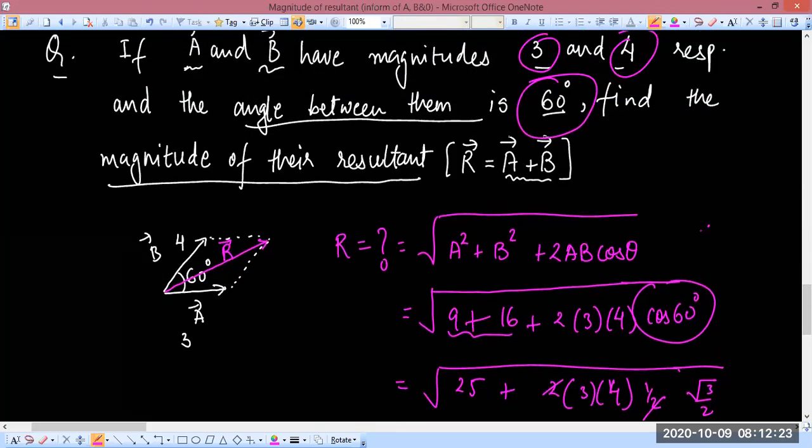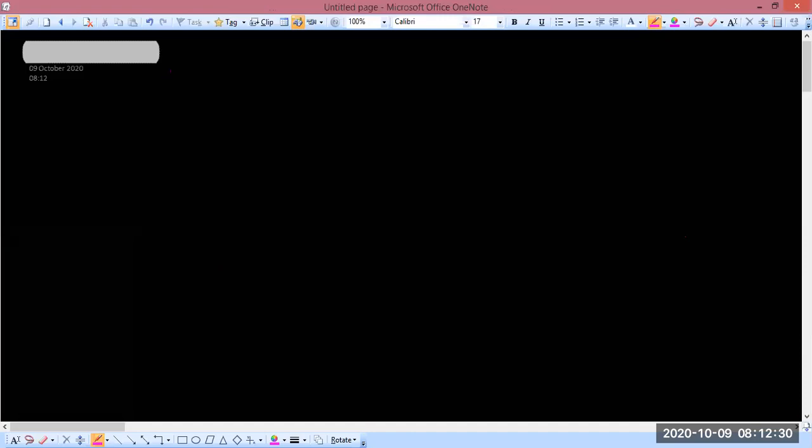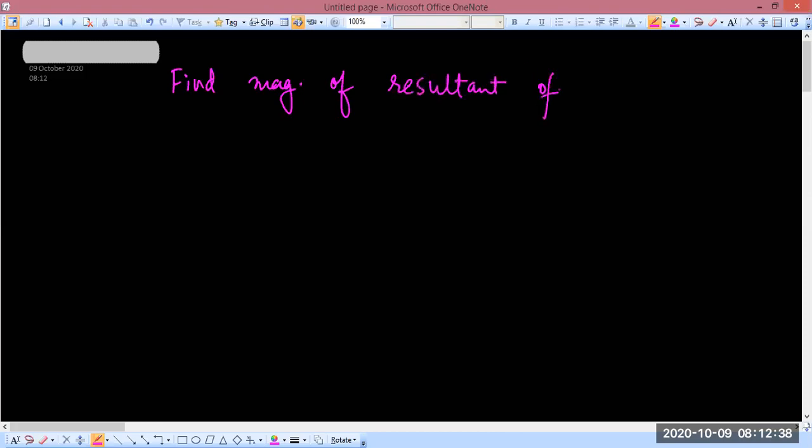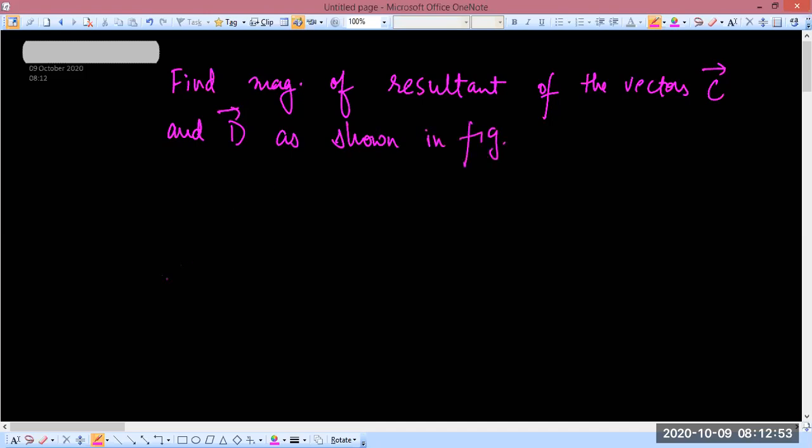But that is for practice. Now find the magnitude of resultant of the vectors C and D as shown in figure. Suppose here there is a figure.